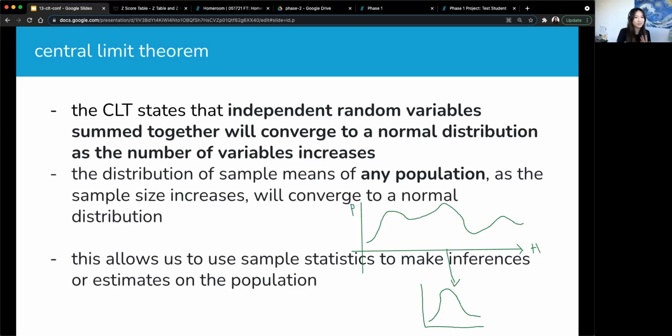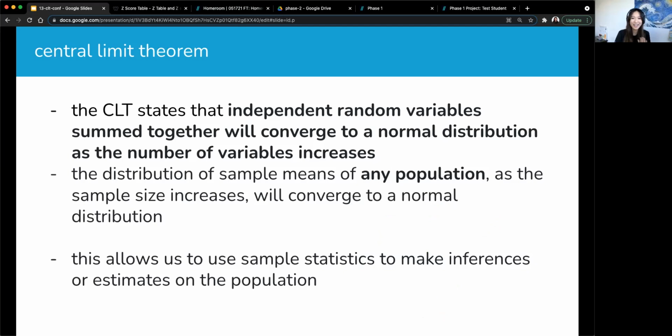So why is that important for data scientists and pretty much anyone who does experiments or statistical tests? It allows us to use sample statistics to make inferences or estimates on the population. Because a lot of the time, when we're given data as data scientists, we don't have all the data. It's impossible to have all data on everything ever.